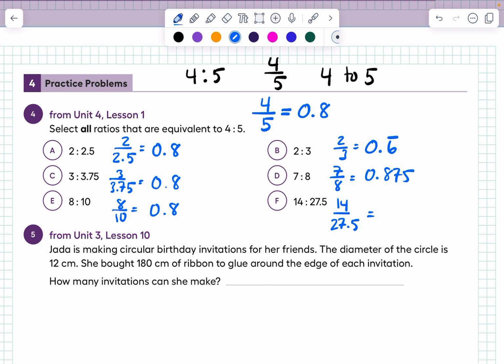And 14 divided by 27.5 is 0.5090, etc. So as you can see, our answers would be A, C, and E.